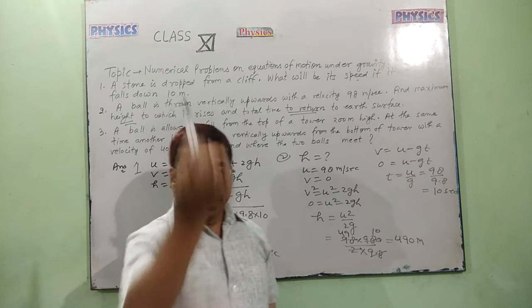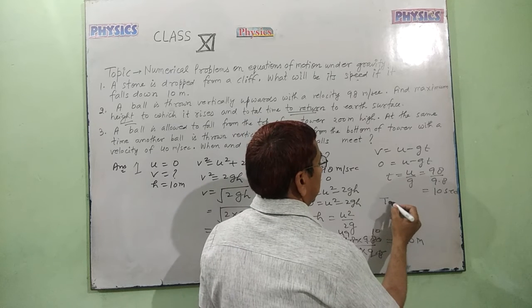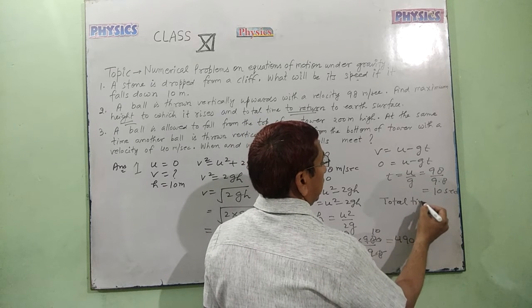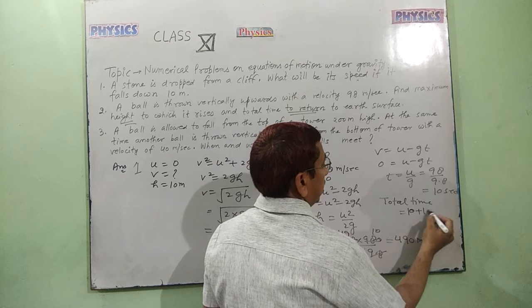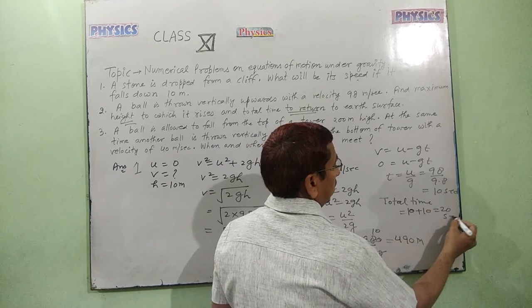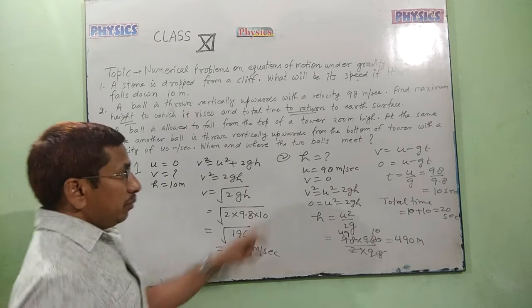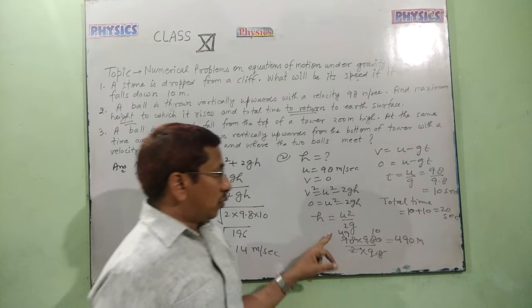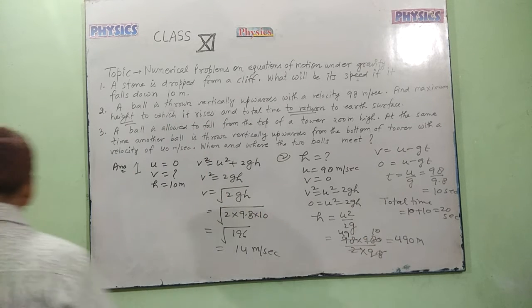Means this 10 seconds and 10 seconds this, it means 20 seconds. So total time is 10 plus 10, that is 20 seconds. So this is your second question. Because this question contains two parts, that's why I have shown this in two parts here.